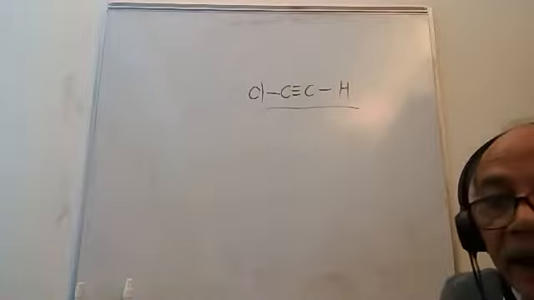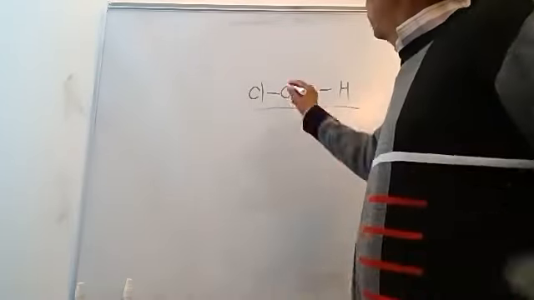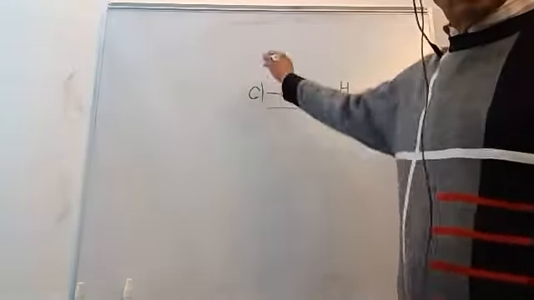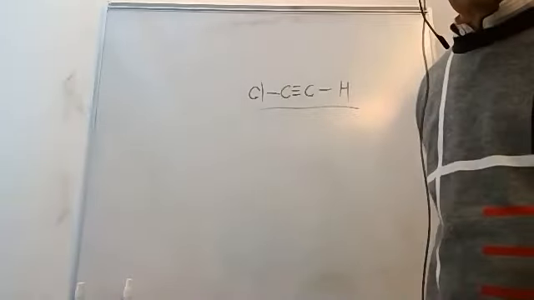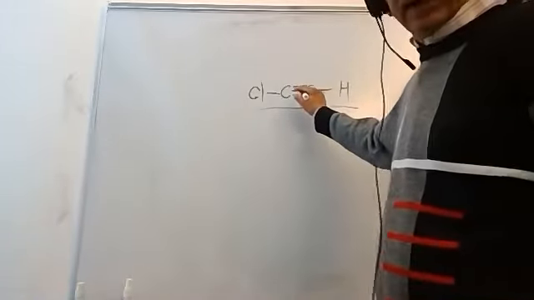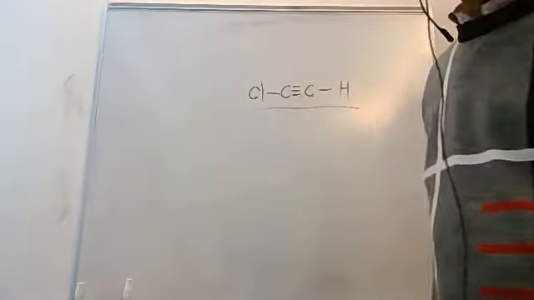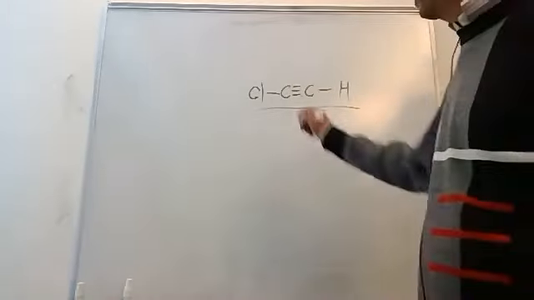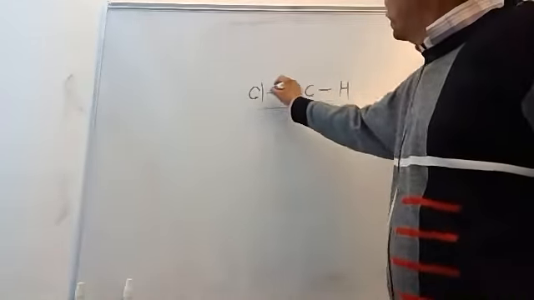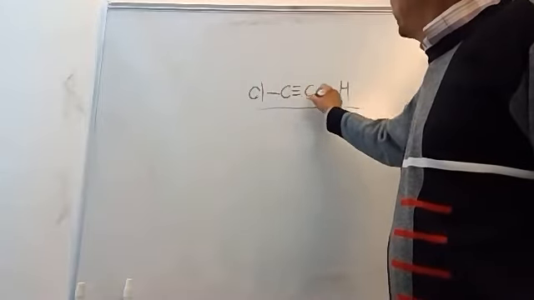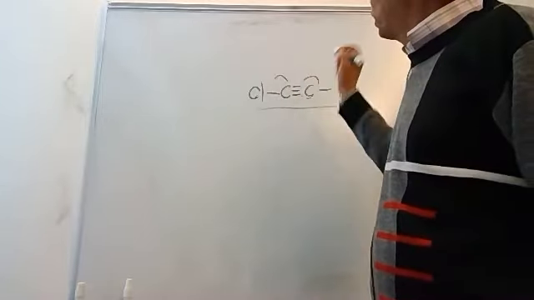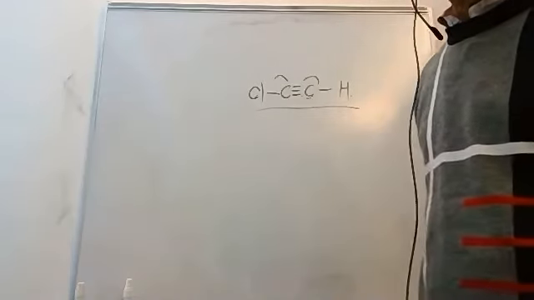It has to be, right? If you look at this carbon, it is connected to 2 atoms, no lone pair, steric number being 2, so it should be linear. That angle should be 180. The same applies to this carbon too. So they're all linear. The ClCC and CCH bond angles are both 180 degrees. So that's a linear molecule.